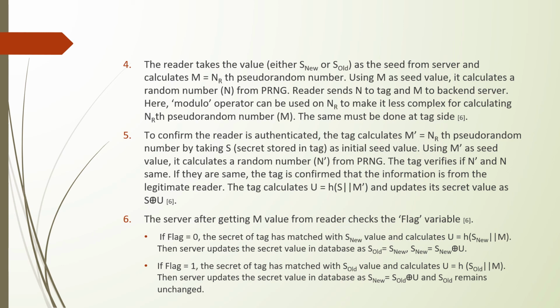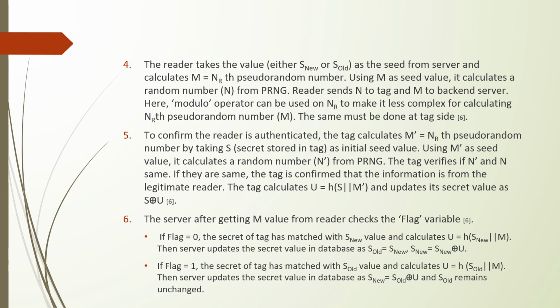The tag is then confirmed that the information is from a legitimate reader. Now the tag calculates U. U uses the hash of the old seed value and the M dash, takes the hash of it, updates the secret value, and then again does an XOR operation.